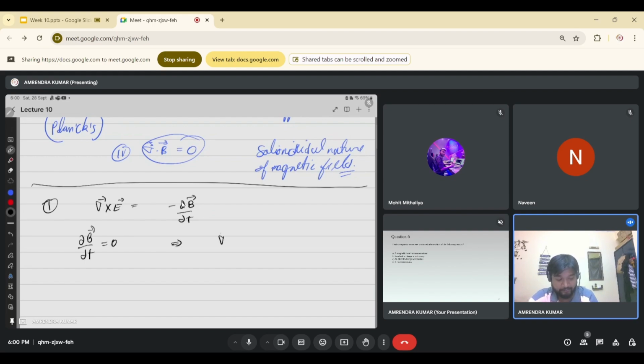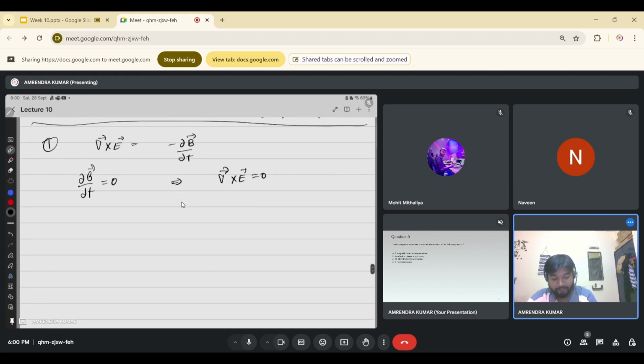This means that del cross E will be zero. So the right hand side is zero.